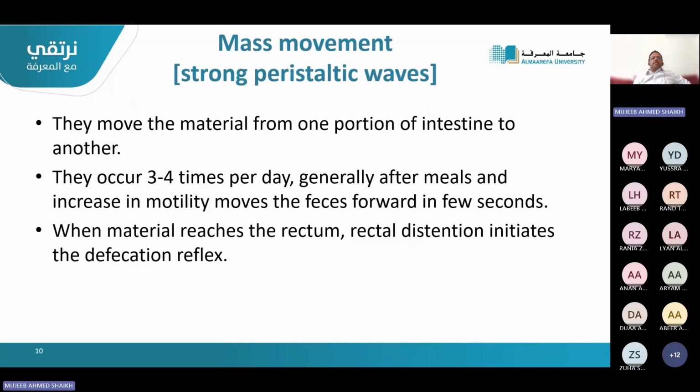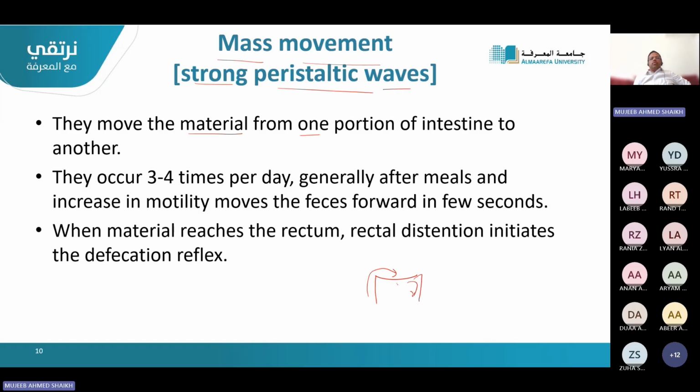Whereas mass movements, as the name suggests, are a big movement, a strong peristaltic wave. They move the digested, undigested remaining chyme from one portion of the intestine, let's say from ascending colon to transverse colon, or from transverse colon to the descending colon.